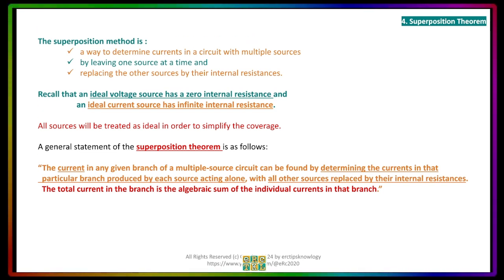You will then calculate again the current using series parallel theorems, and therefore you will have two currents. If you have two sources, you will have two currents for a particular resistor. And then there's a third step: add the current with respect to the first source plus the current with respect to the second source. When you have done that, you will be able to get the current of that branch.